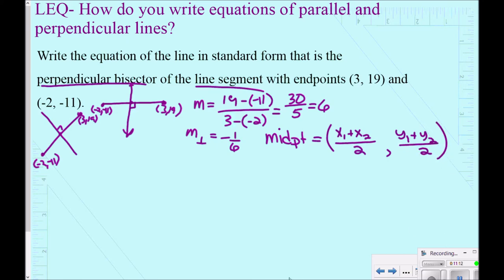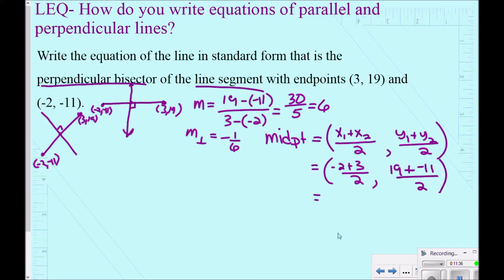and that will give you the midpoint. So if I do that with these two coordinate points, I'm going to add up -2 and +3 and divide that by 2, and I'm going to add up 19 and -11 and divide that by 2.